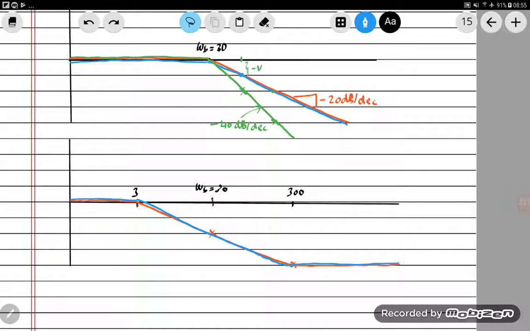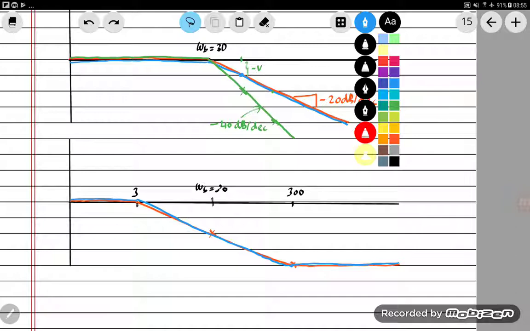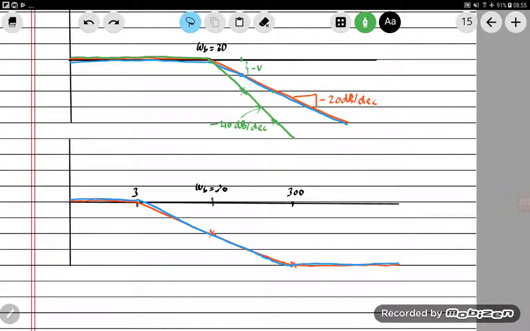Then we can just add the contributions of each. Up to a tenth of the break frequency, both are 0 degrees, so it just stays 0 degrees. At the break frequency, both curves are negative 45 degrees, so if we double that, it should be negative 90 degrees.